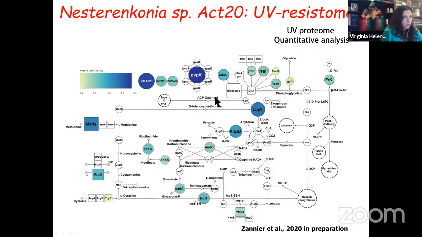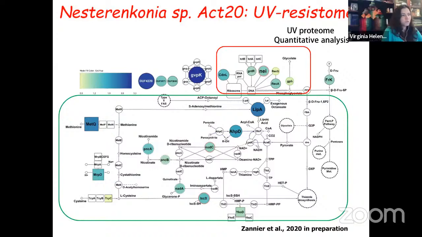I will not go into detail of this, but just to mention that we have identified at least 2 different systems here, or groups of proteins according to function. A set of proteins that are actively upregulated or downregulated in the UV proteome are related, of course, with the metabolism of the nucleic acids, like the RecA protein or the RNA polymerase or other components that regulate transcription.